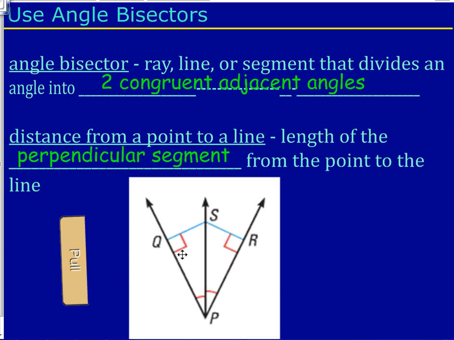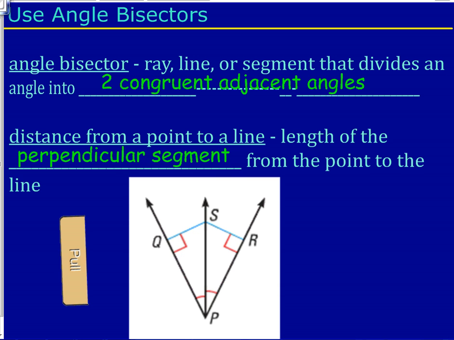So that's creating this 90-degree angle right here. If you look really closely, we actually have two right triangles created by this angle bisector and the angle.